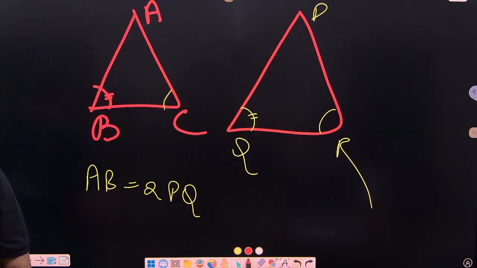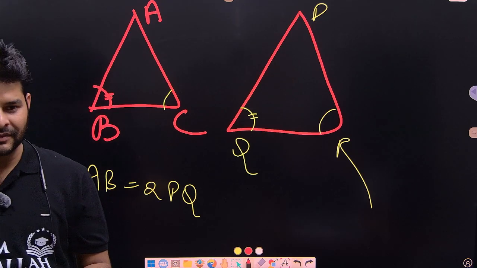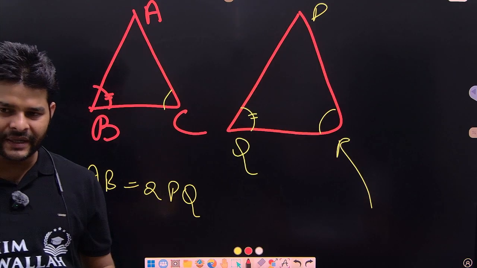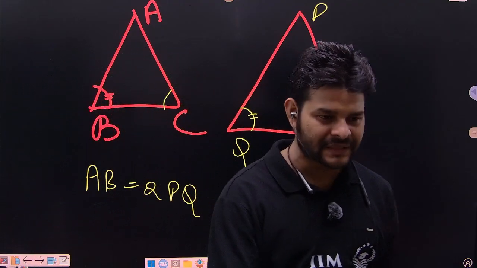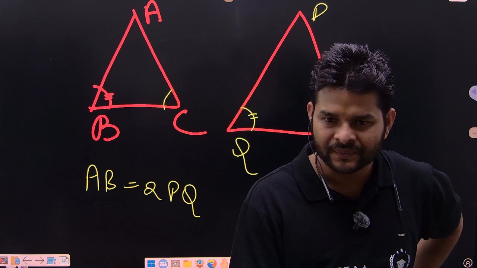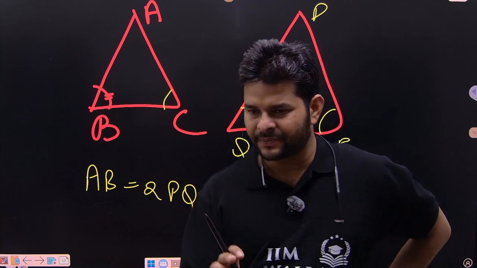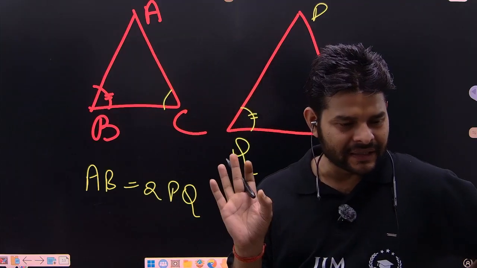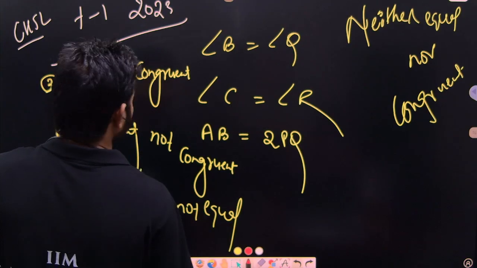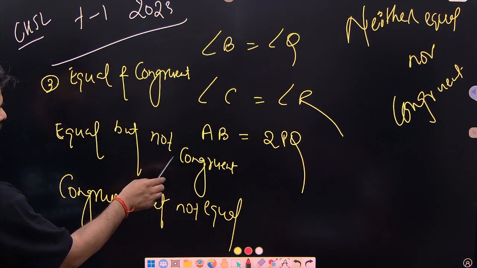In congruence, the first and mandatory condition is that all the corresponding sides and all the corresponding angles must be equal. In that scenario, the given triangles would be congruent. So it is quite clear that the given triangles are not congruent.